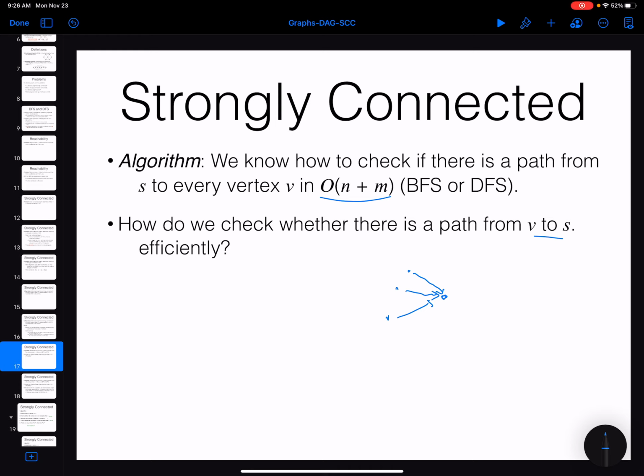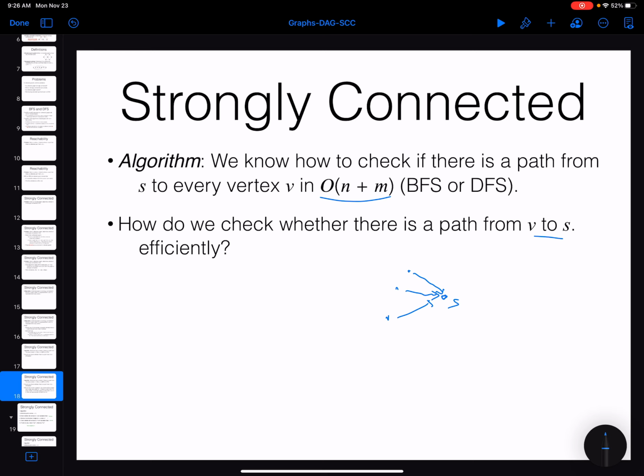In this reversed graph, you can run the BFS or DFS starting from S, and because the edges have been reversed, if you find a path from S to all other nodes in the reversed graph, it's just like finding a path in the original graph from every other node to S.